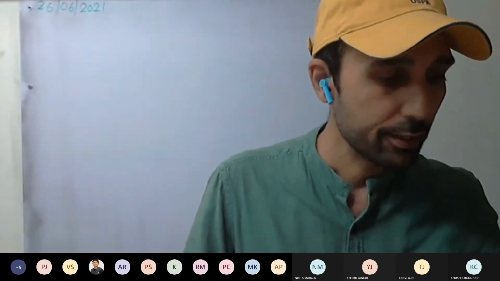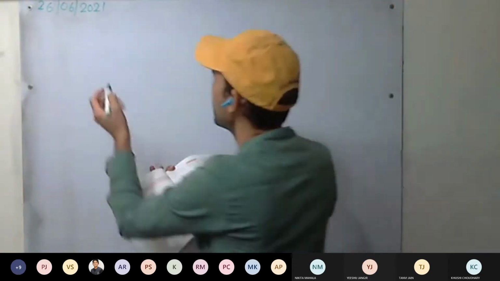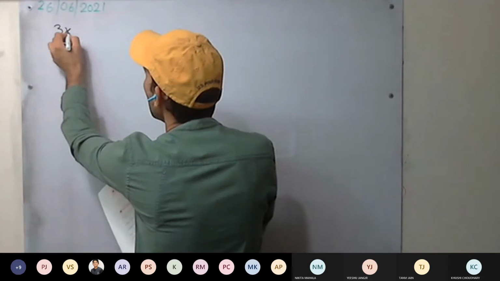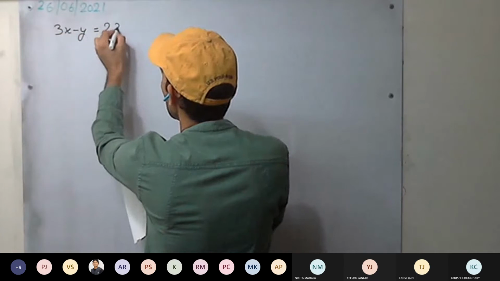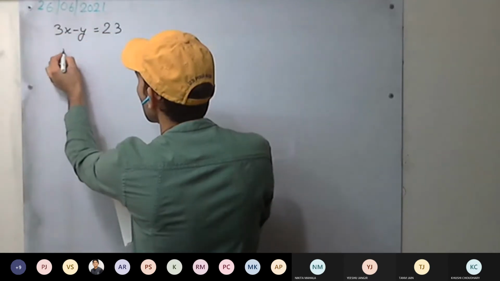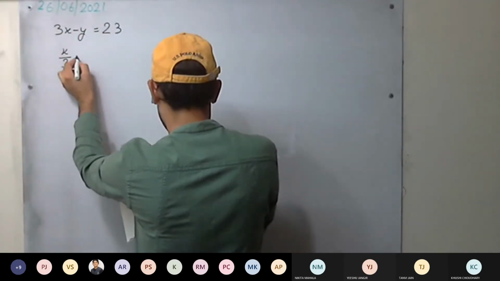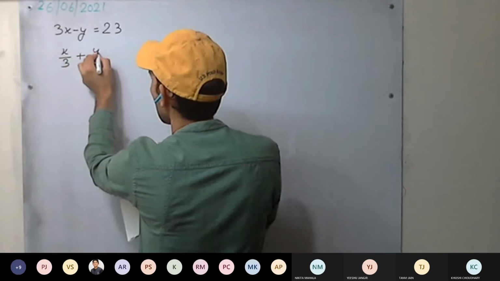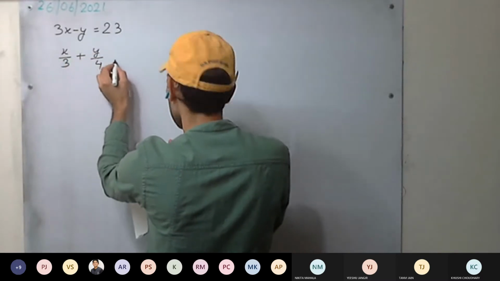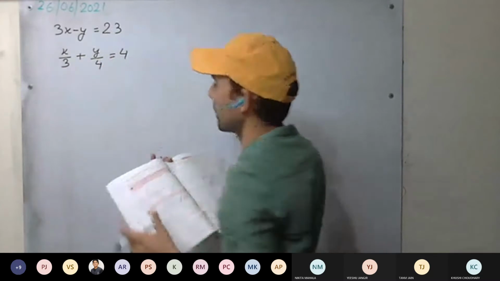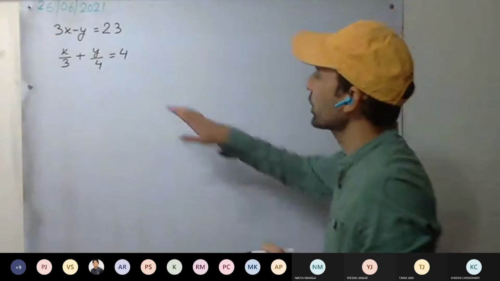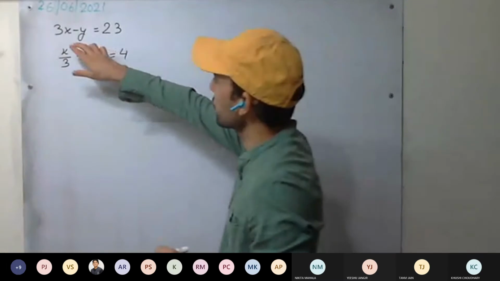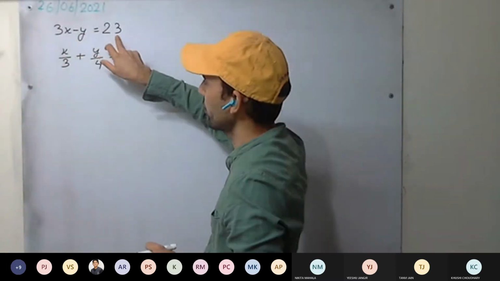Okay. Next is 3x minus y equal to 23. So the first equation is of the form a1x plus b1y equal to c1.